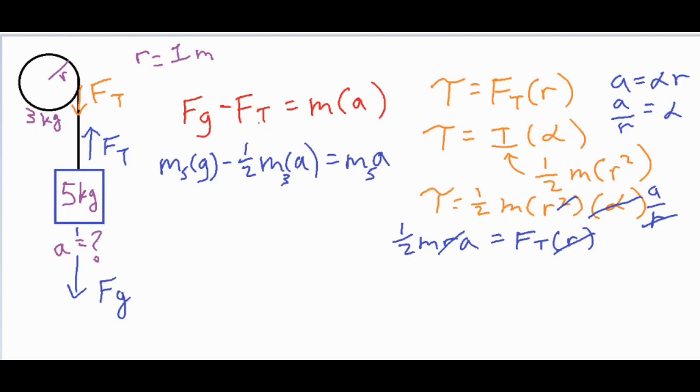So what we can do is we can try to combine some terms, and we have mg equals, and then I'm going to add the 1/2 m3a to the other side, but I'm going to pull out the a because I know I'm going to want that a little later. So it's going to be 1/2 the mass of the 3 kilogram disc plus the mass of the 5 kilogram block.